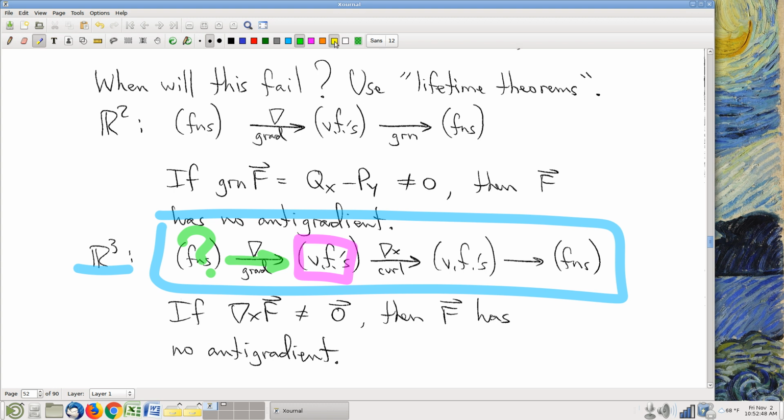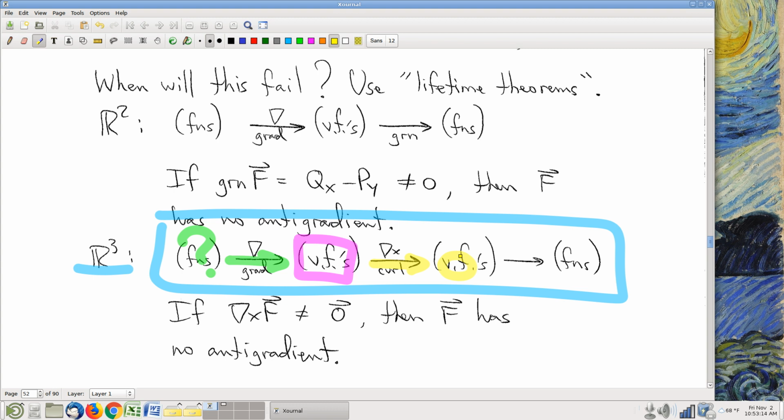The answer is, take the curl and see if you get 0. And by the way, I've given you no reason to believe why these operators do what I claim they do. We'll motivate that a bit later on in the course. We just don't quite have the tools just yet. But nevertheless, this is a tool that we can use at the moment to at least answer the question.